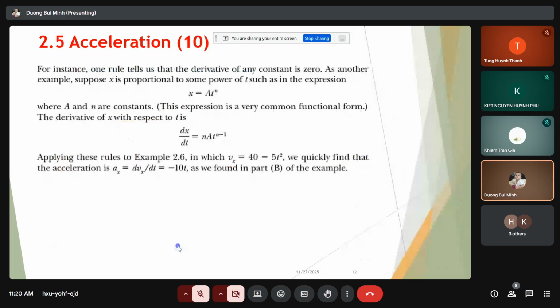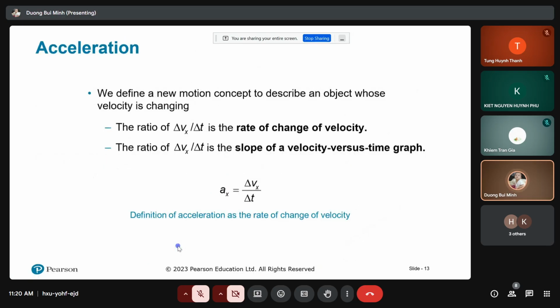Continue. Here we have the summary of acceleration. The ratio of delta Vx over delta t is the rate of change of the velocity, or we say the slope of Vx.